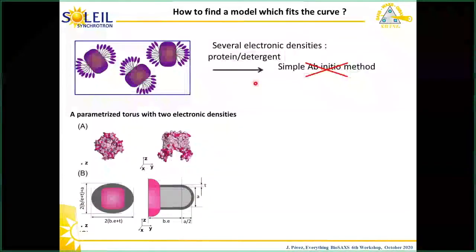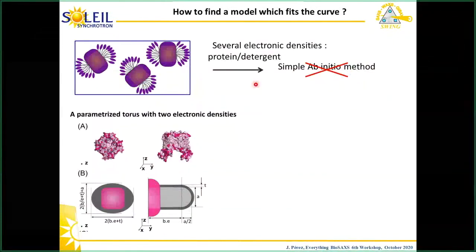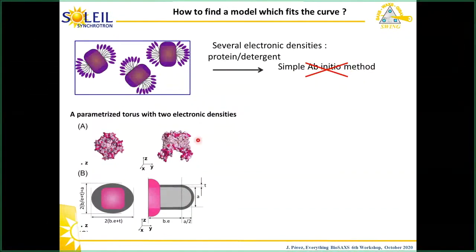Instead, that was our idea. Because we know the structure of the protein, let's concentrate on modeling the corona of the detergent, and let's do it in a geometrical way. So let's combine the PDB structure of the protein with some coarse-grain modeling of the corona of detergent. And we could model this using a torus whose parameters are described here.